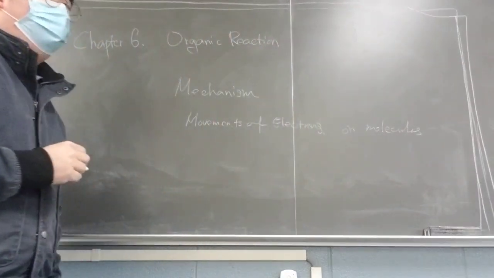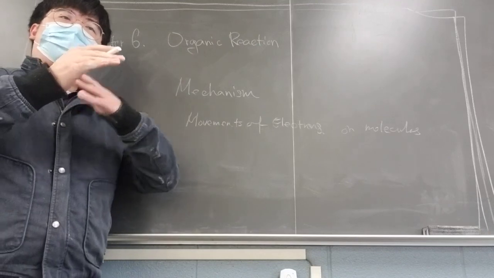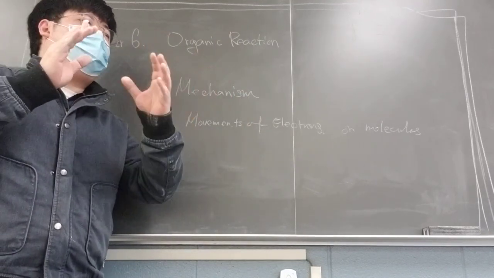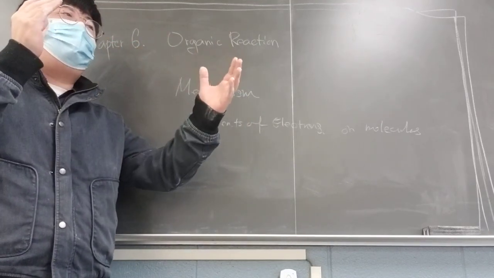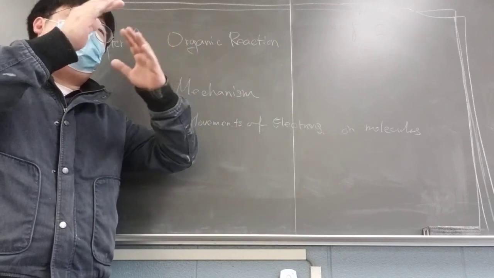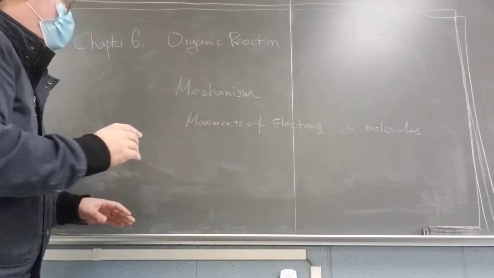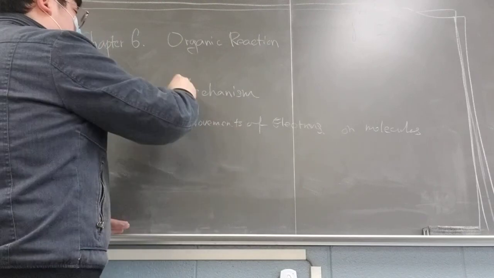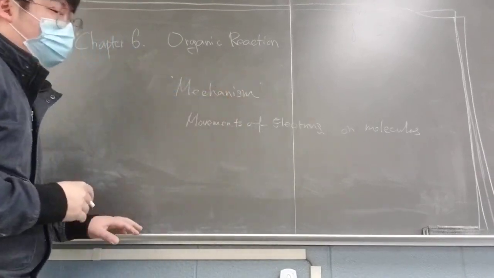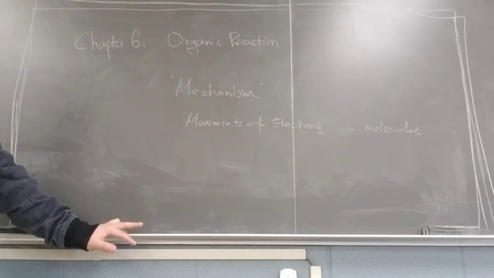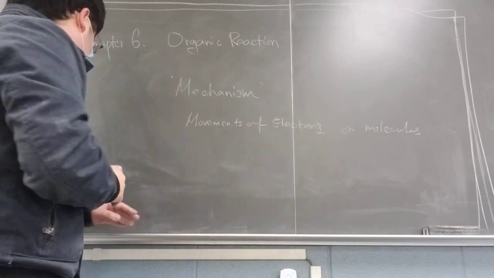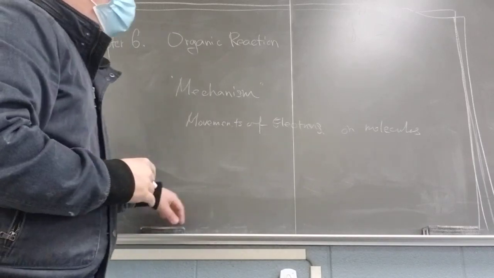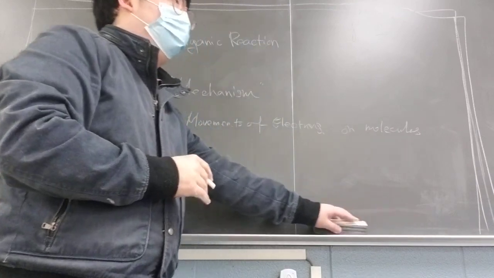We're going to show you how the electrons are moved in the bonding, how they make a new bond from getting a pair of electrons from other elements and so forth. All this detailed information, we call a mechanism.